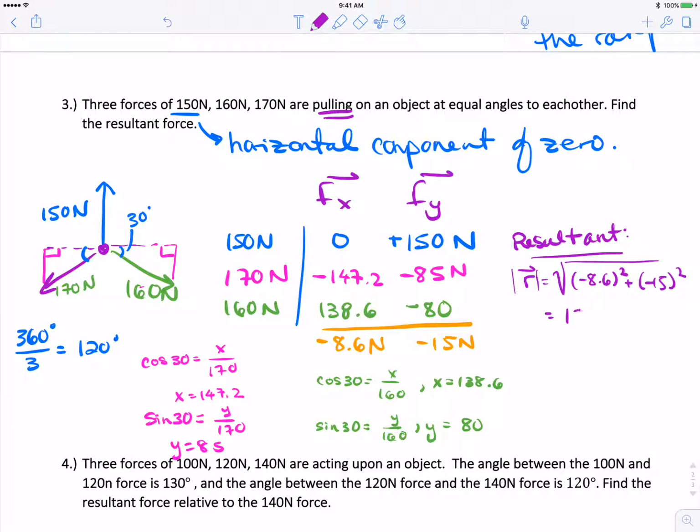Okay, which gives us 17.29 newtons. Is that right? 8.6 squared, 15 squared, 396, square root, second answer. Yep.